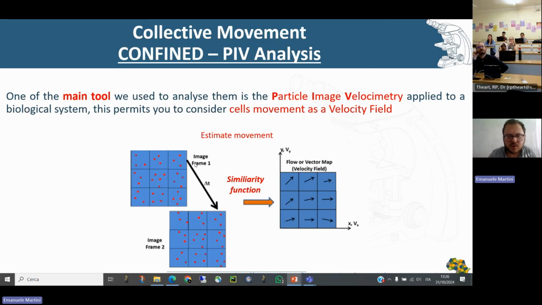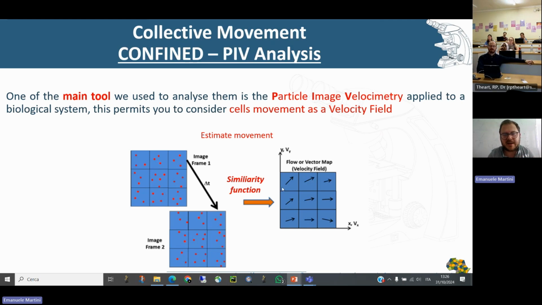And what you can do is find a mathematical function that finds similarity between this square and this square, where there is more similarity. Okay, and then if you do it for all the squares for the frames, you are going to have a velocity field, or a vector map, or a flow field. It depends on how you want to call it.